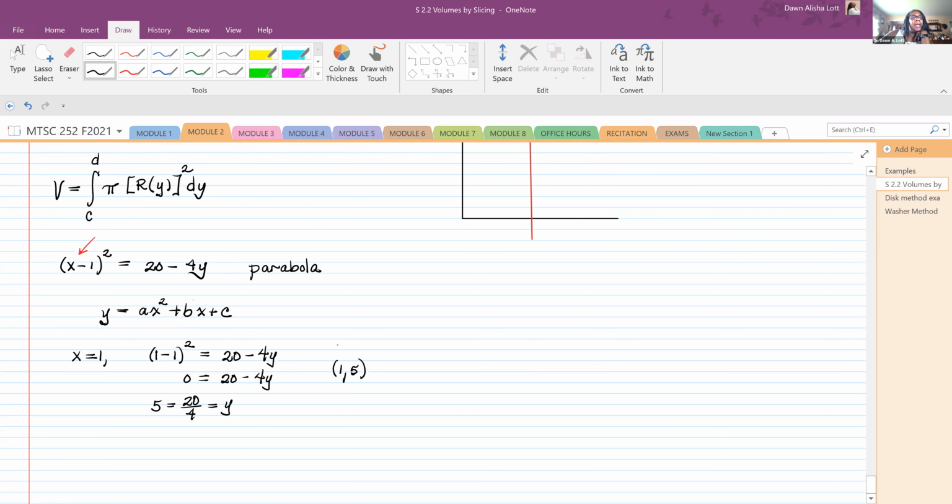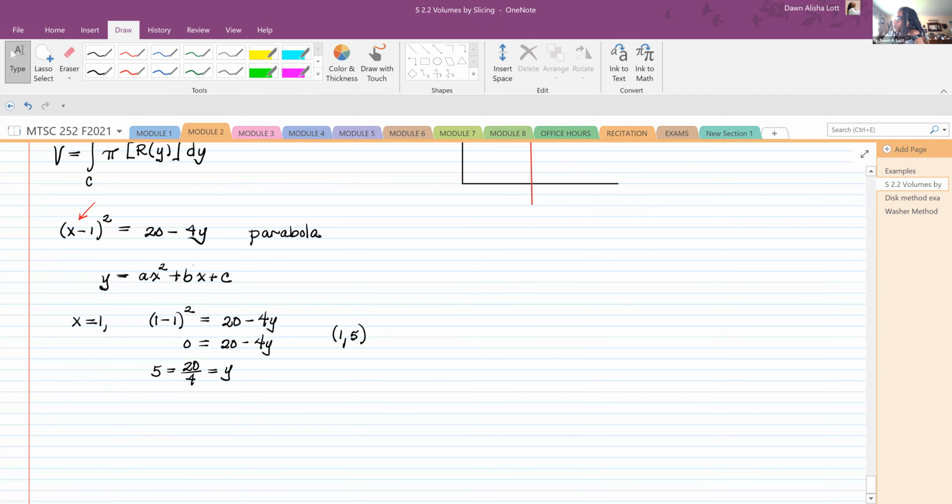And then what happens if y is equal to 0? This is another parabola that is upside down. If y is equal to 0, I get (x minus 1) squared is equal to 20.